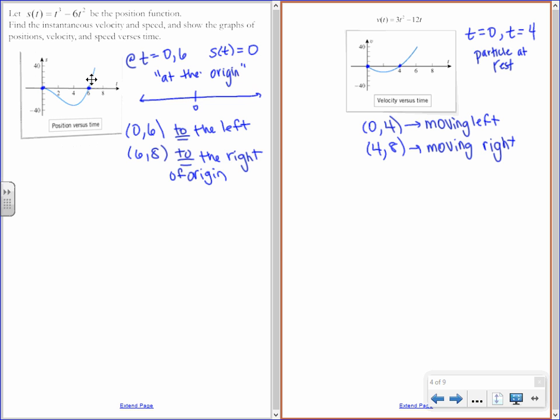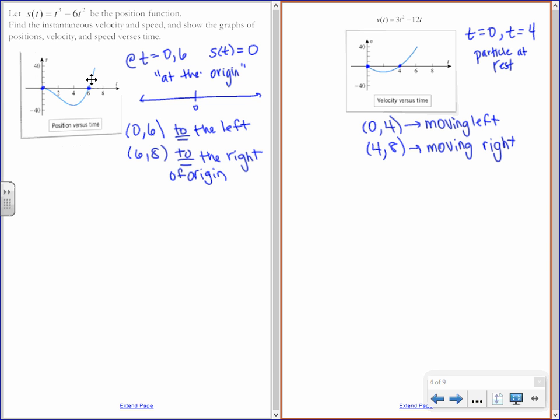What can we pick out on the position graph? What's happening from 0 to 4? Decreasing. So when our position is decreasing, we have negative velocity, meaning we're moving left. From 4 to 8, our position is increasing, which means we have positive velocity. We are moving right.